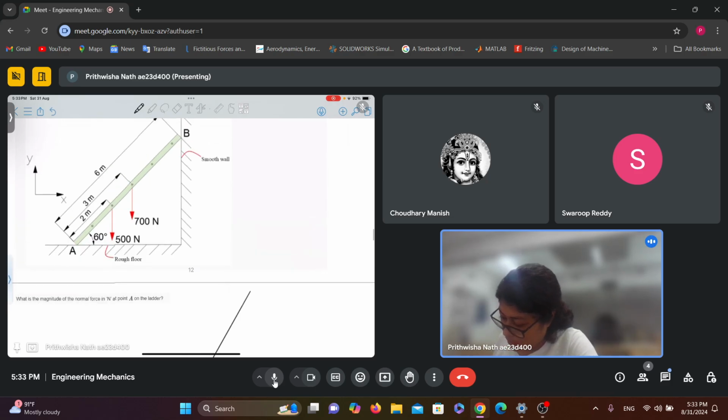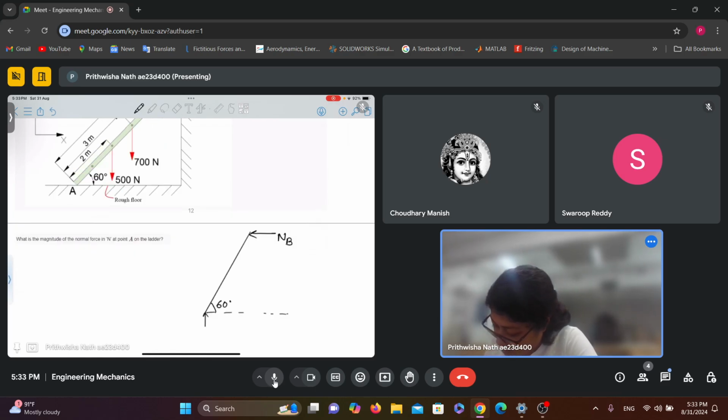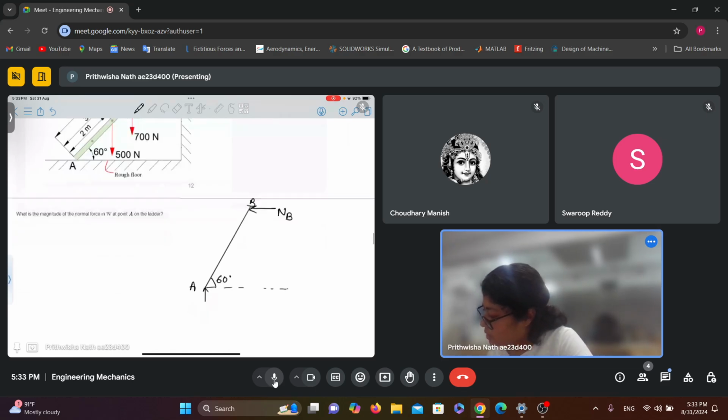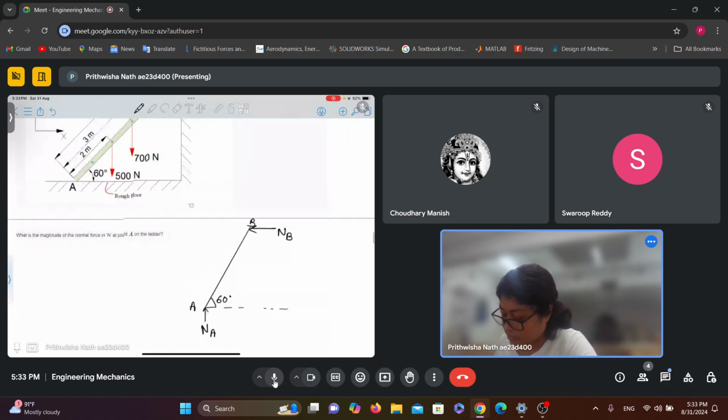Here there is a normal force at B. This is NB and this is point A. So this is NA. And which direction should the frictional force act? Can someone tell me which direction?